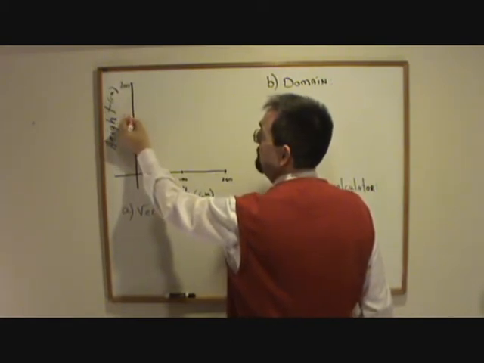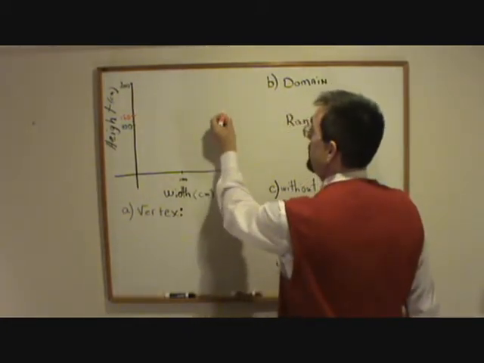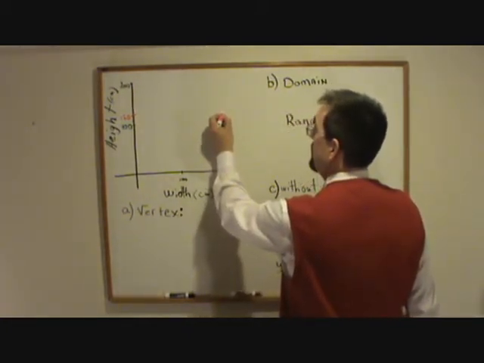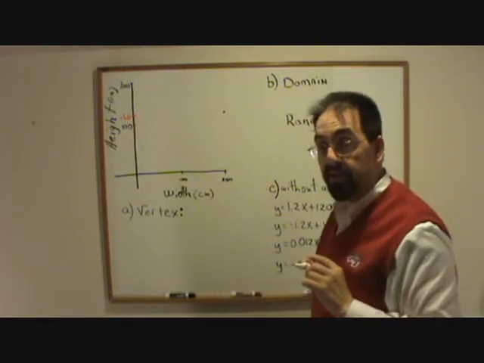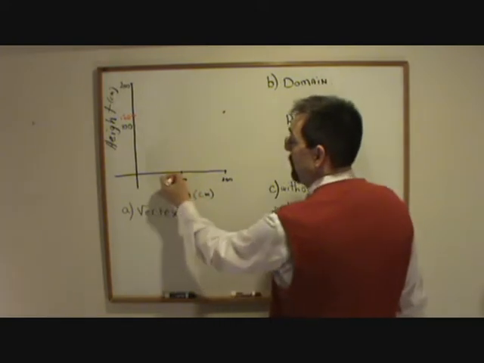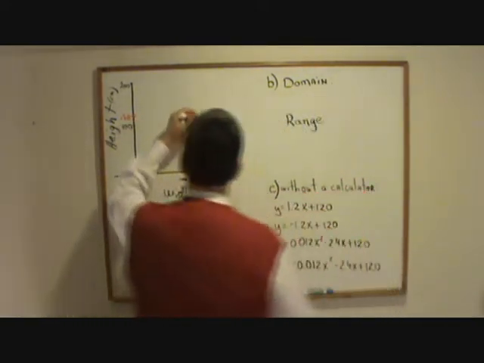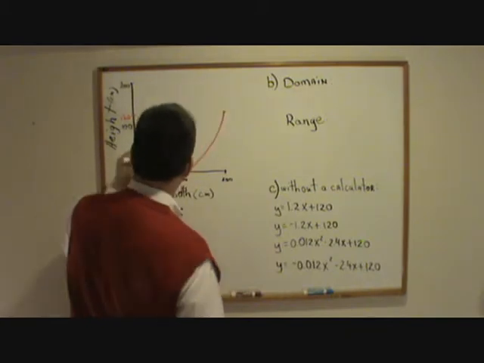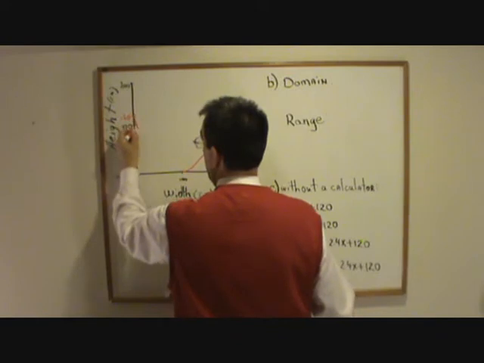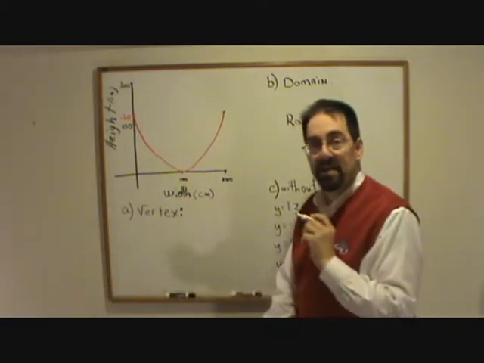The y-intercept was 120, and at 200 we have 120, and then it actually touched the x-axis at 100, 0. Let's connect these points. So our shape is something like this.